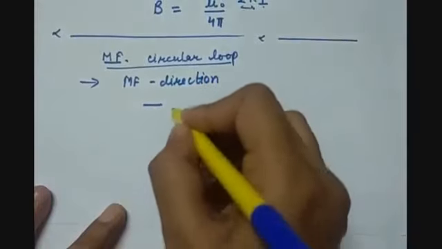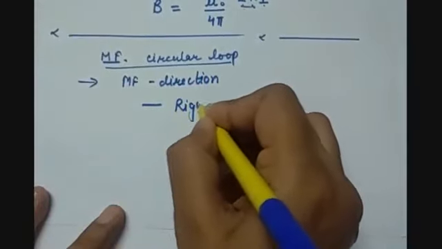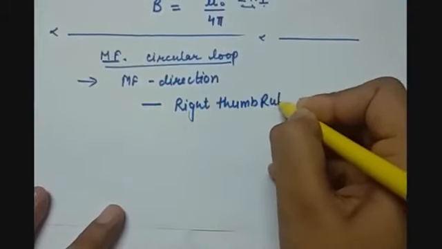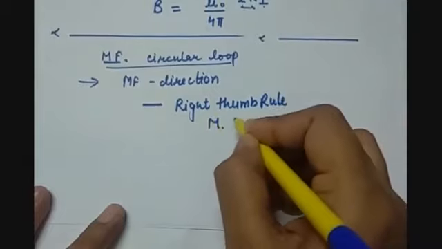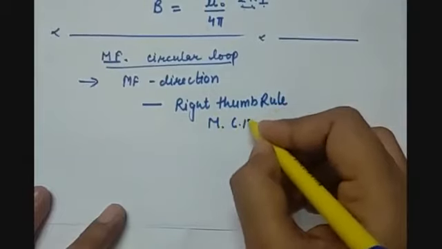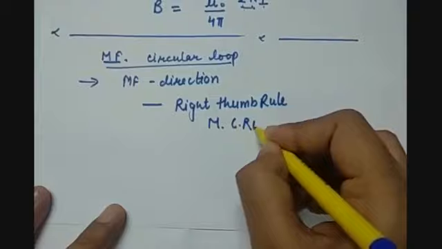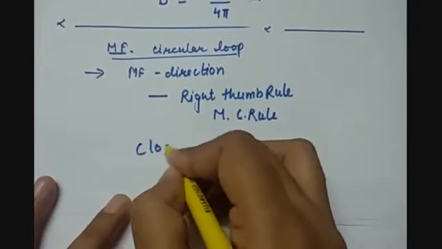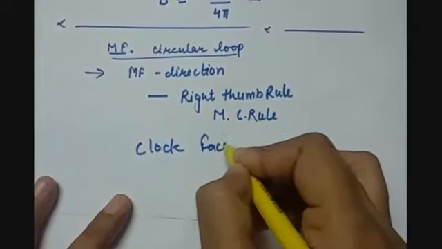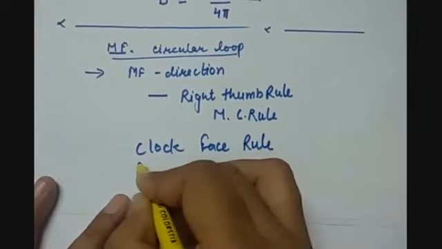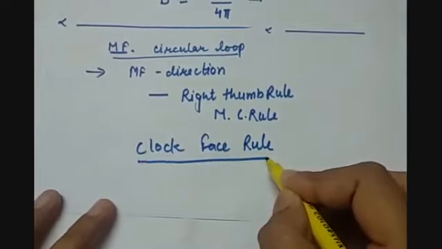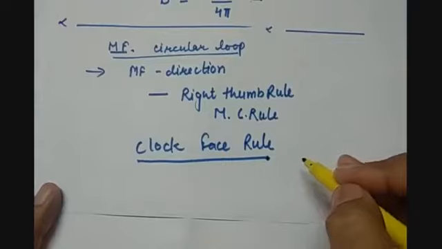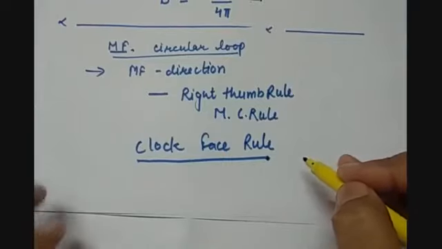That can be found with the help of the right hand thumb rule, which is also called Maxwell's corkscrew rule. One more method is called the clock face rule, that we studied today, to remember which face of the circular loop is behaving as the north or south pole of the magnet.